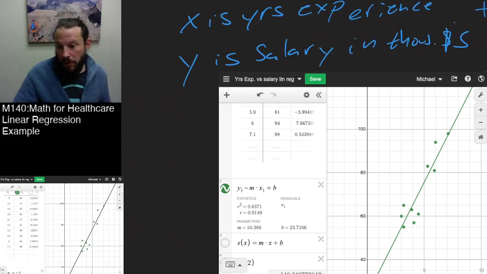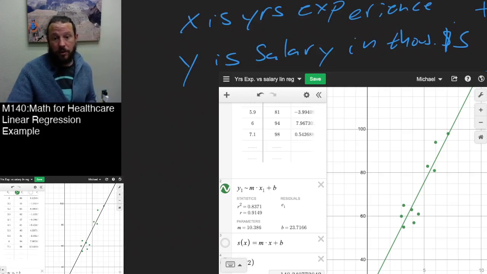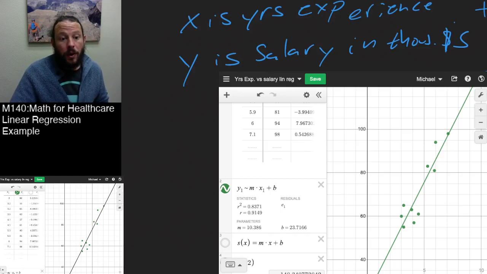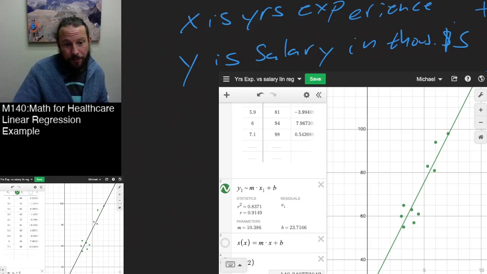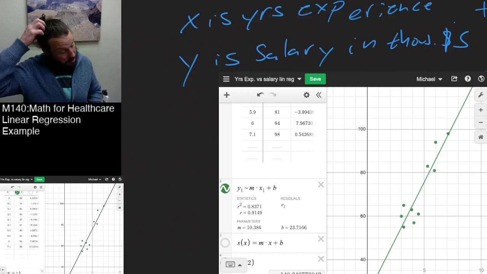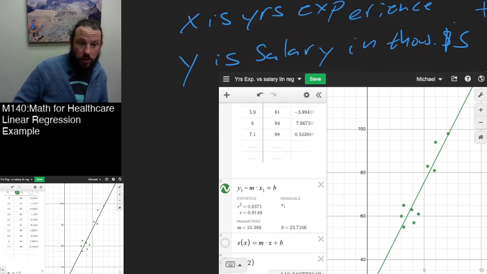And I would call that a moderately strong positive linear correlation, because we're talking about it with respect to linearity. R squared is 0.84-ish. And similarly, we can't see that it's positive, but it tells us that it's a moderately strong linear correlation.